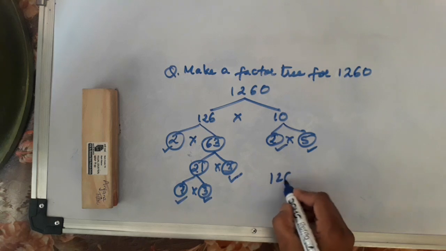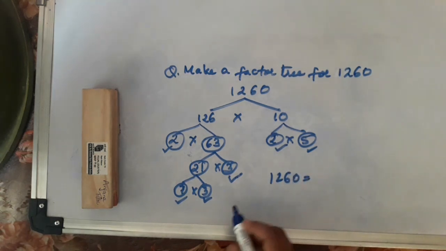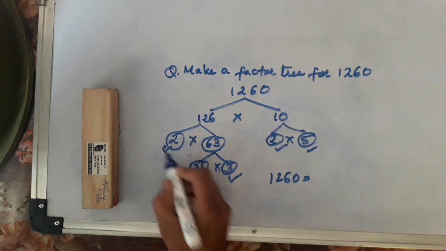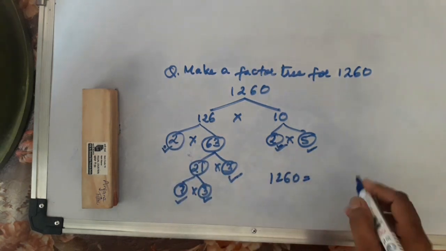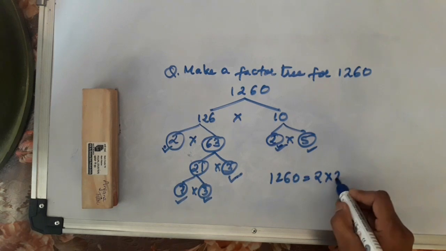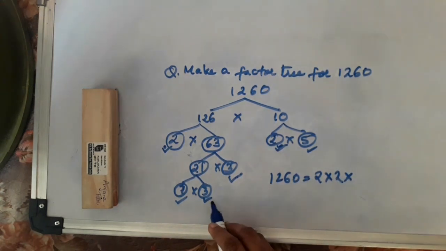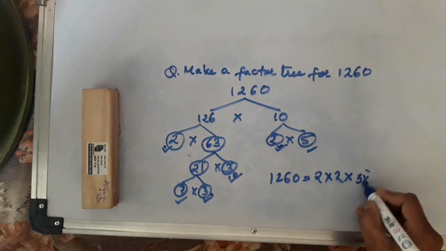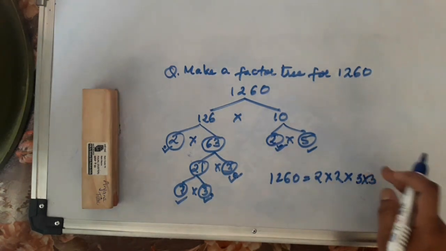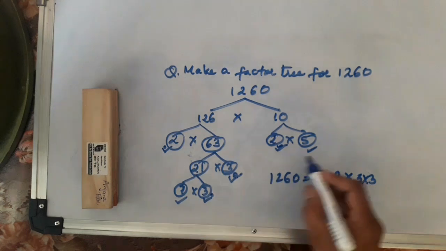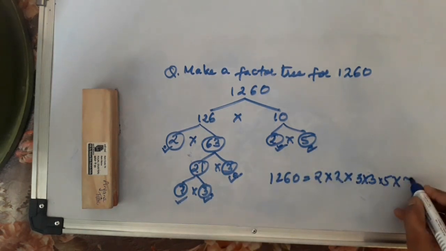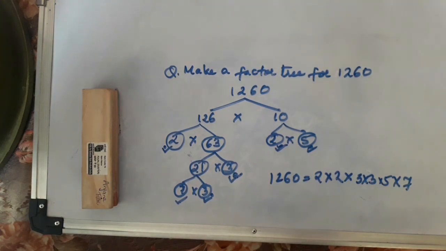So for 1260, we got the answer as 2 twice, 3 twice, once 5 and once 7. So multiply by 5, multiply by 7.